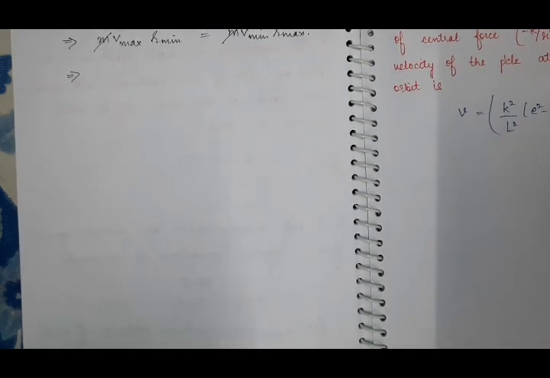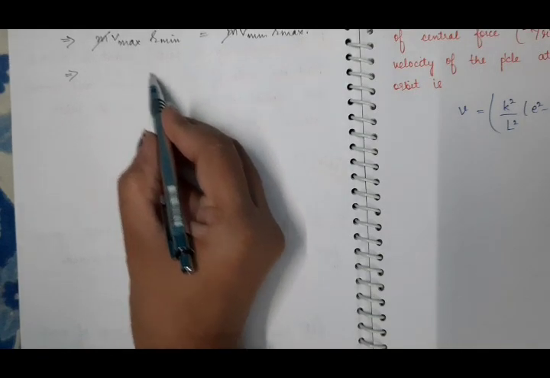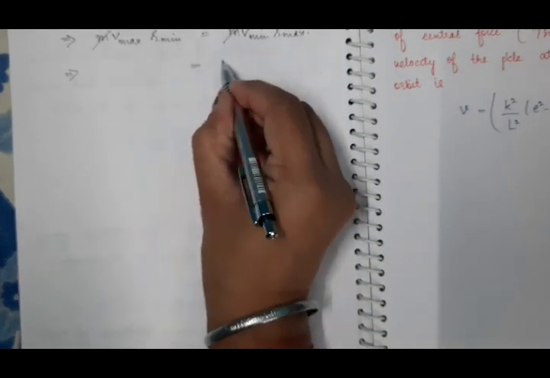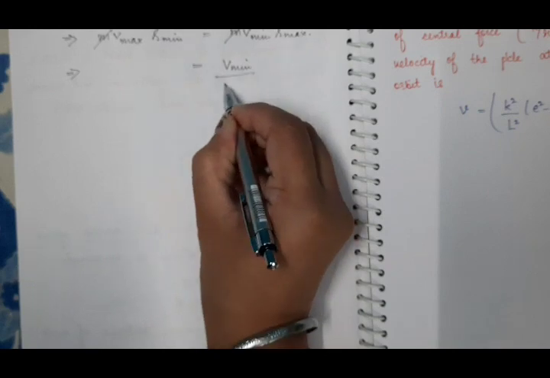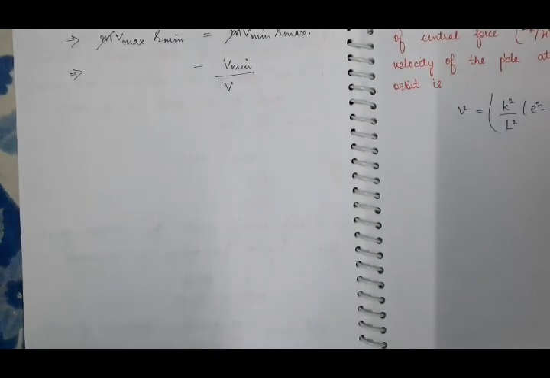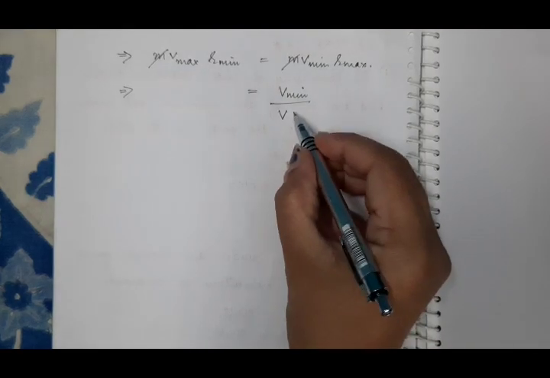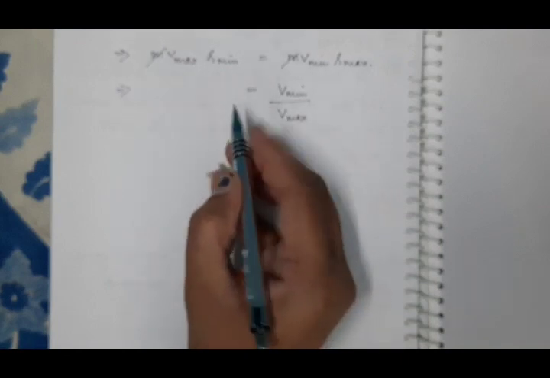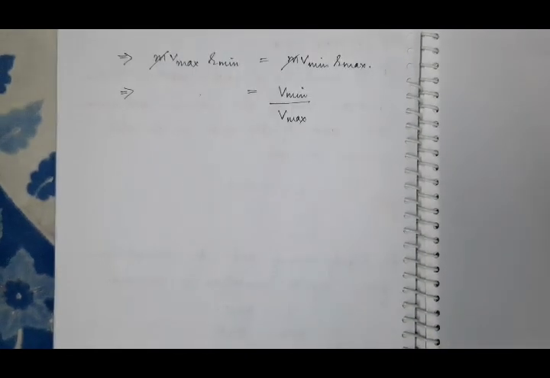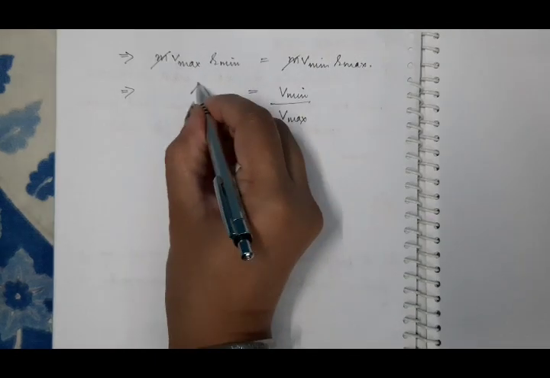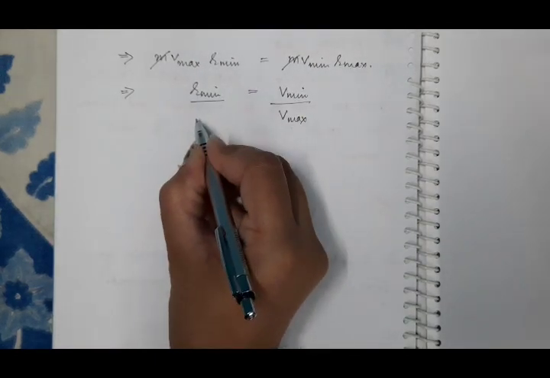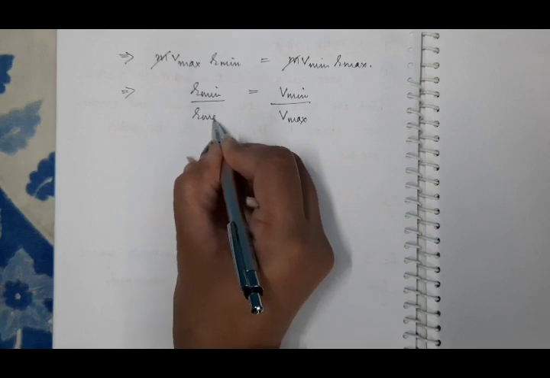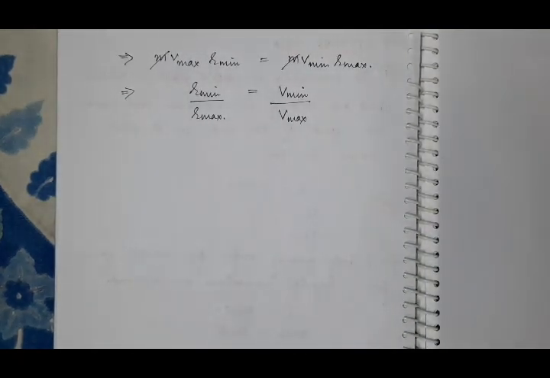So move this V max to this side, and you will have V minimum upon V maximum equal to, moving this R max to this side, R minimum upon R maximum. Now we need to find the expression of R which includes eccentricity, because the value of eccentricity is given.